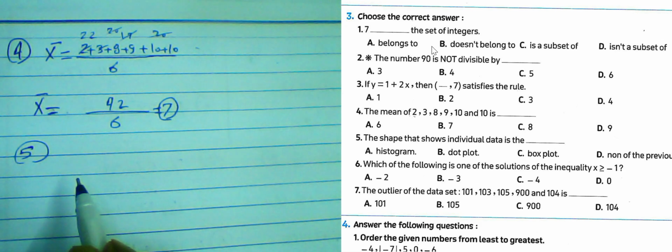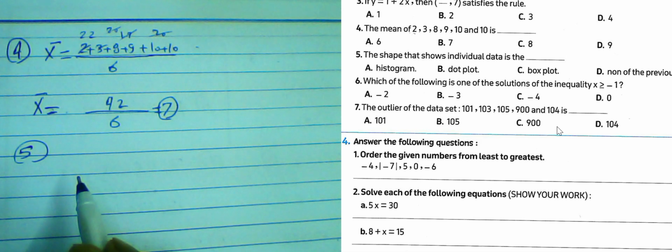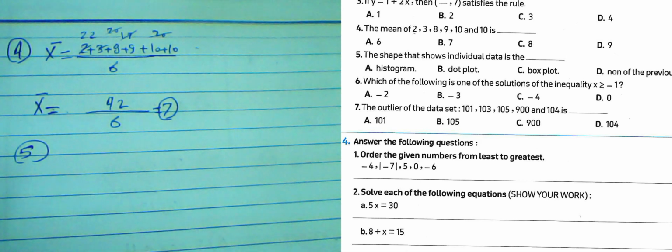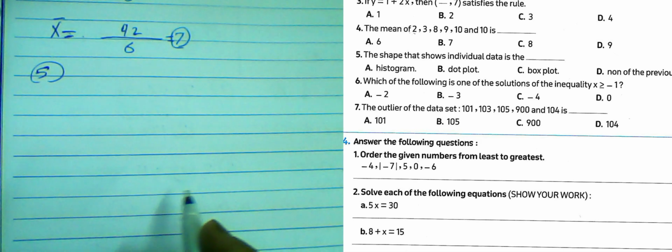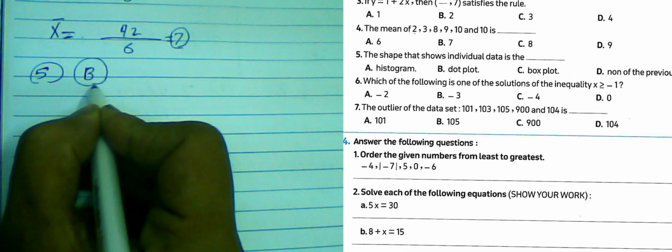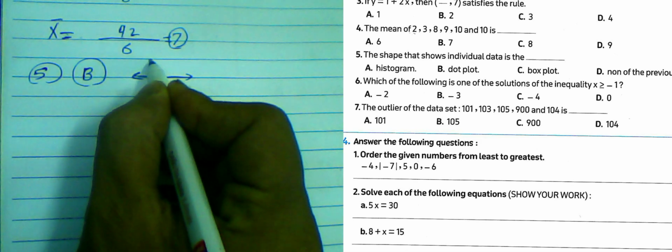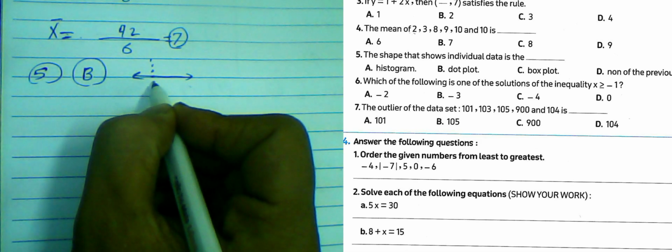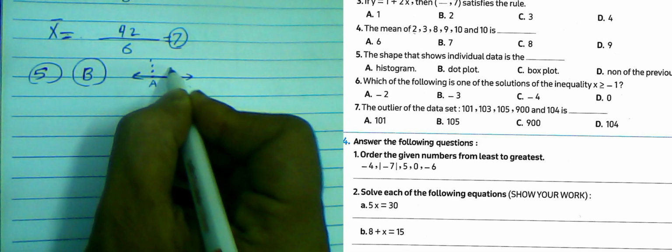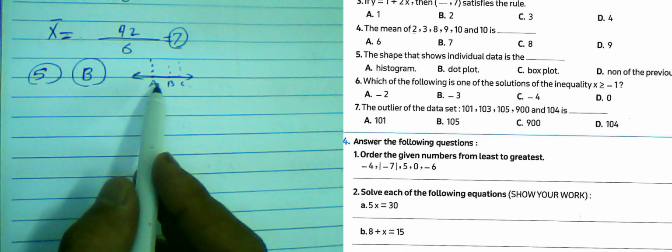Question number 5. The shape that shows the individual data, what will it be? Choose here dot plot. Okay, choose letter B. The shape that shows the individual data is the dot plot, because we can write the frequency of any point like that, A and B and C. We can write all results by using points.